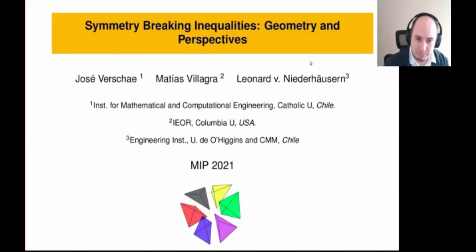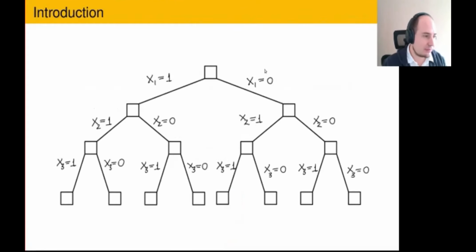So, I'm sure that all of you have encountered symmetries in optimization problems at some point. For example, it could happen in an optimization problem that if you swap the first variable with the second variable, you get an equivalent problem, the same problem again.